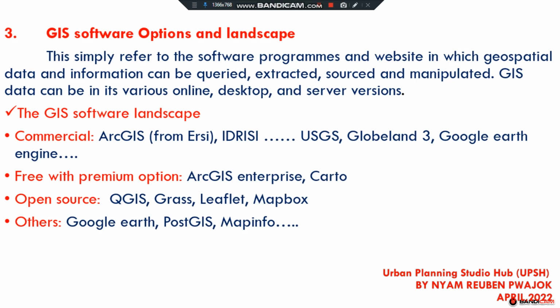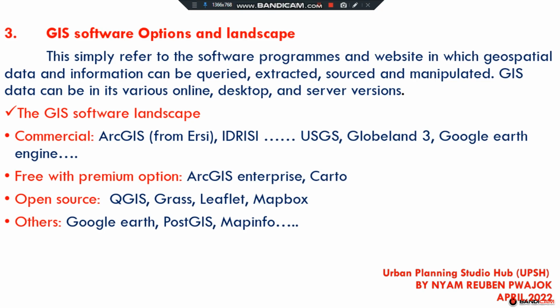The issue of QGIS or ArcGIS is just an option of software. The most important thing is to know that GIS data can be sourced from a lot of sources. QGIS or ArcGIS is just a software platform you can utilize to analyze and manipulate those data, to effect changes and produce maps or whatever you want to design from it.